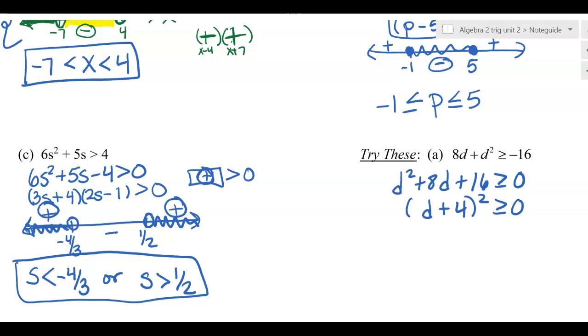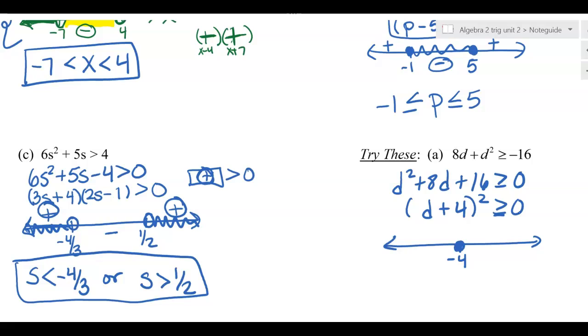Only one. So we don't have the number line split how we normally do. It's only going to be equal to 0 at one spot, and that would be at -4. And I'm going to fill that in because it can be equal to 0. But I still do the same thing.